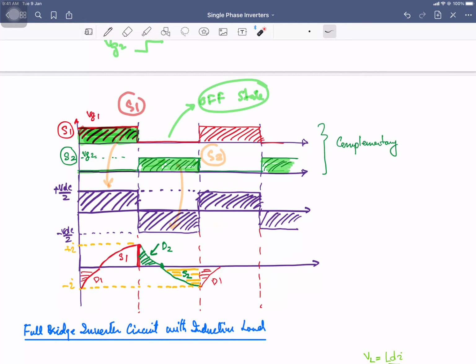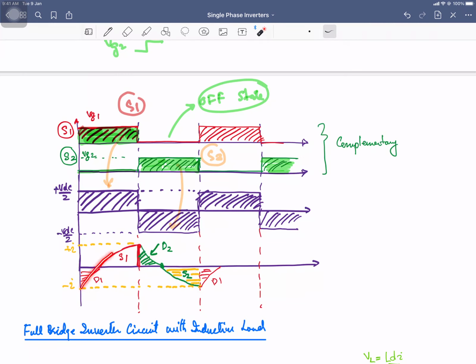So if we replicate this one over here, for some time the diode D1 is conducting, then S1 will be conducting. Once you turn the switch S1 off and apply the gate voltage to S2, first D2 will conduct, and once the current becomes 0, then the current will be developing in the opposite direction.